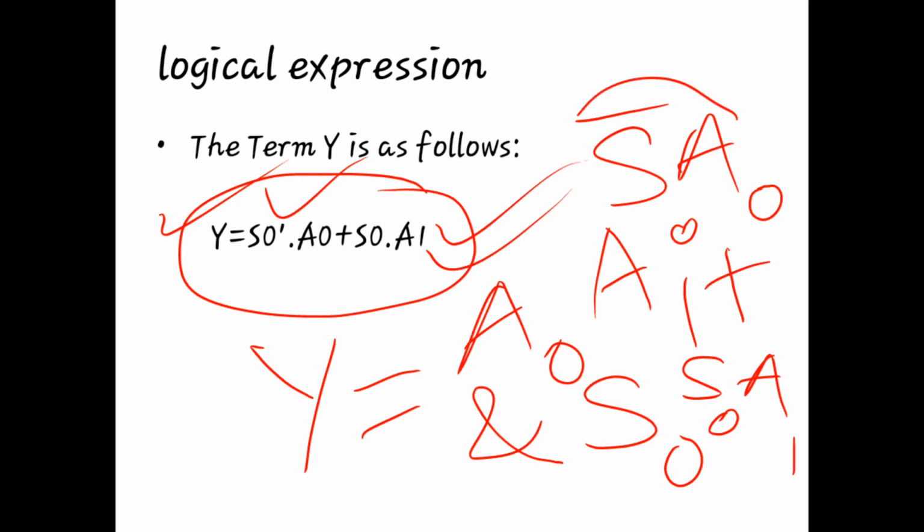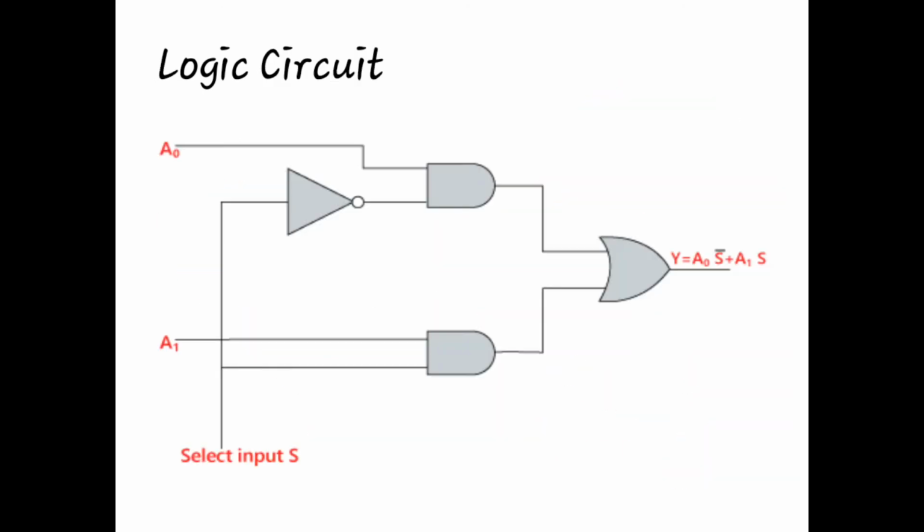So these need to be implemented in the form of a logic circuit. So you can see this is my first input A0, this is my second input A1. So this is the select line, that is S.